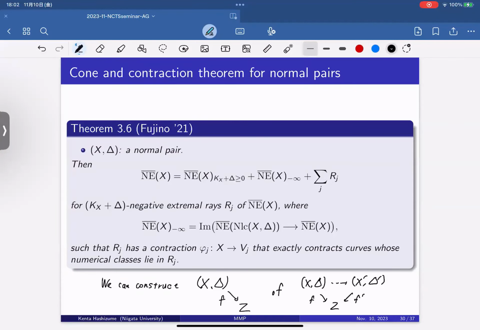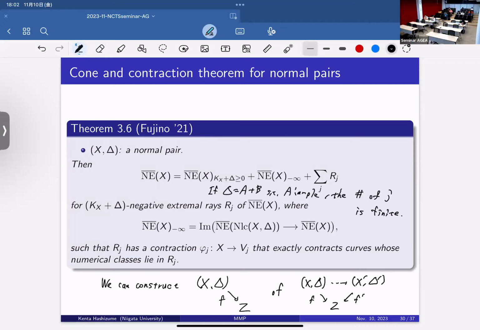Yes, if Δ is A plus B such that A is ample, then the number of j is finite. This is proved in Fujino's paper. But we don't know any property of this part.